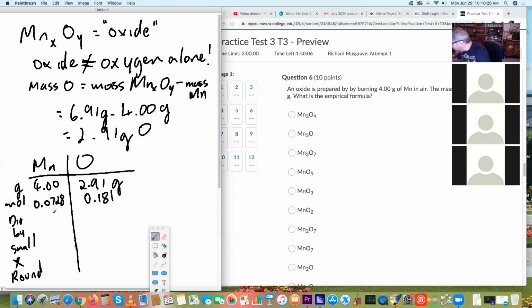Here we would get 1 and then 2.49. That's close to 0.5, so if we multiply by 2, we'll end up with 2 and then 5 as our final answer. So it'd be Mn2O5 that we would put for that. Does anybody have any questions?